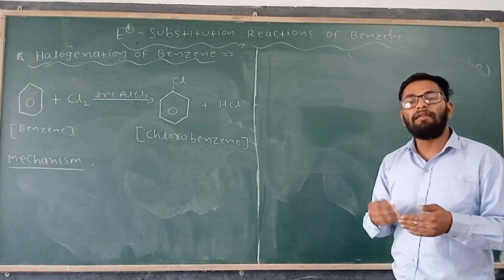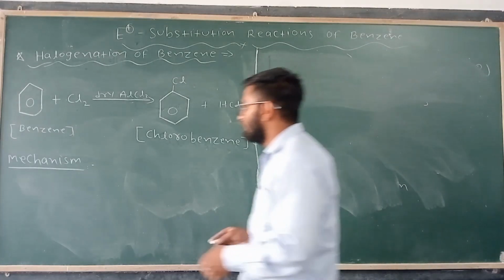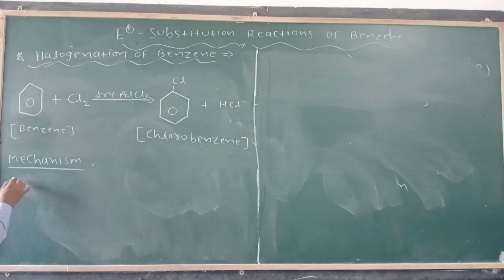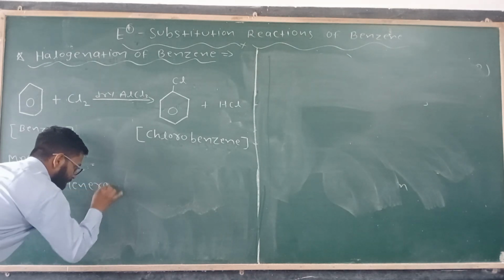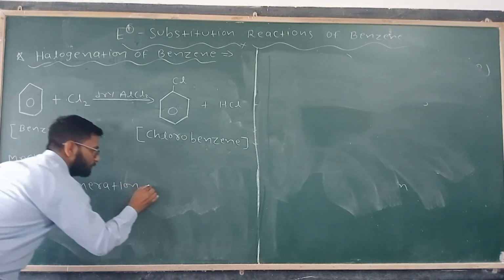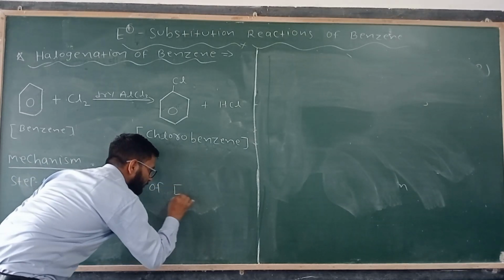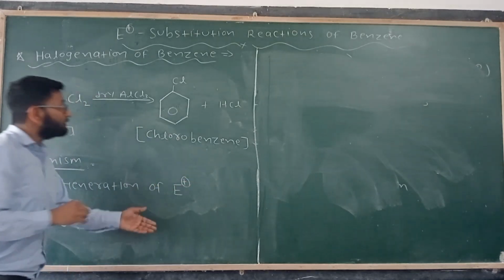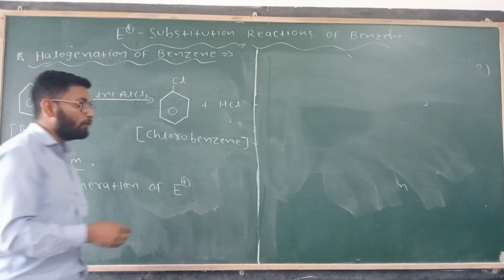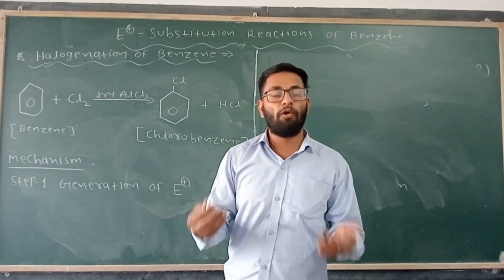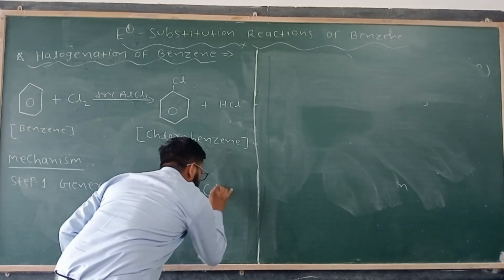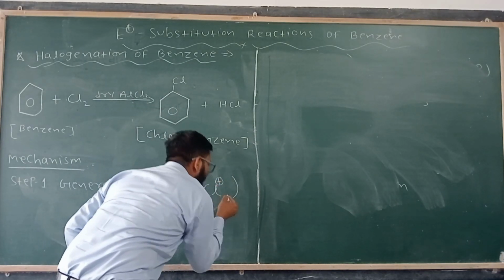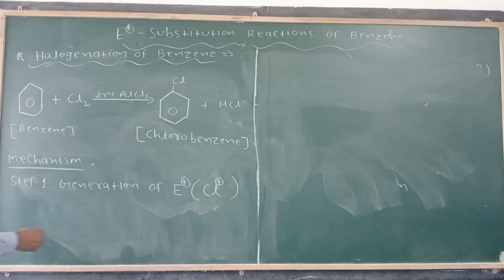Step first, generation of electrophile. In case of chlorination, the electrophile is the chloronium ion, Cl plus.